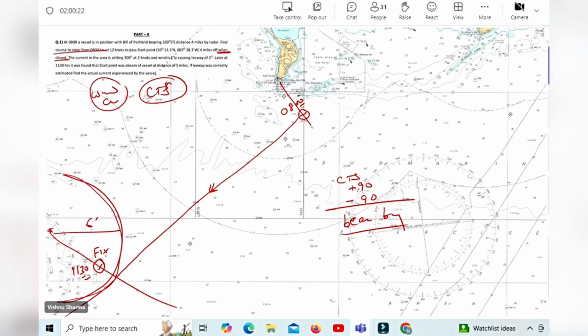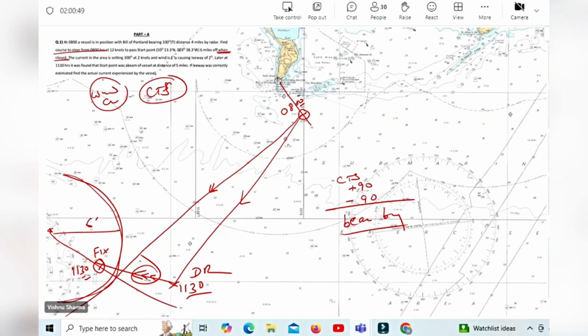And from 8 o'clock, drawing the CTS and the engine distance, you can get the 11:30 DR. Yes or no? Yes, sir. And then DR to fix is the actual current, which is what it is asking you, right, guys? The last part of the question is saying, if the leeway was correctly estimated, find the actual current experienced by the vessel.